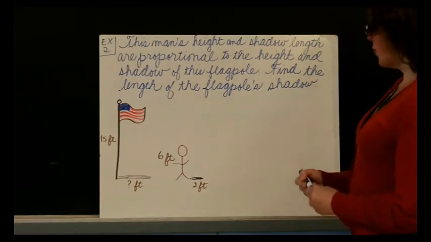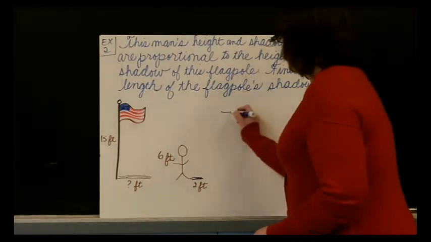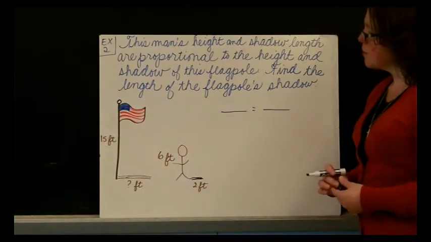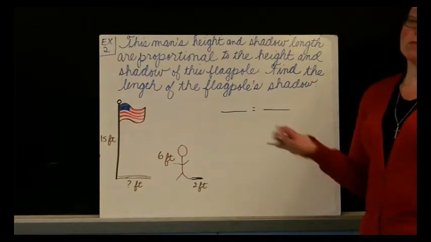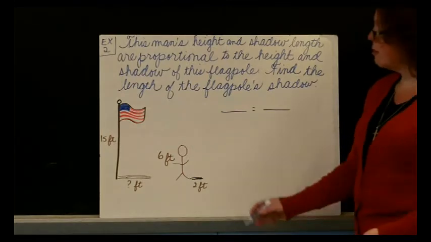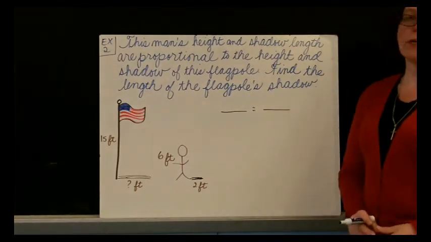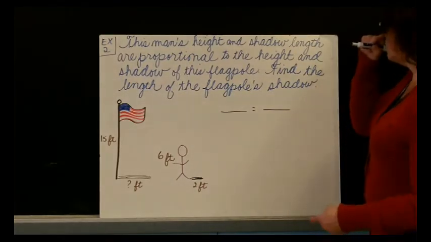The first thing we're going to do is fill in our blank proportion, and then we'll start filling in our corresponding sides. But here what we're talking about, instead of sides of figures, are the heights of a man and a flagpole and their shadows.